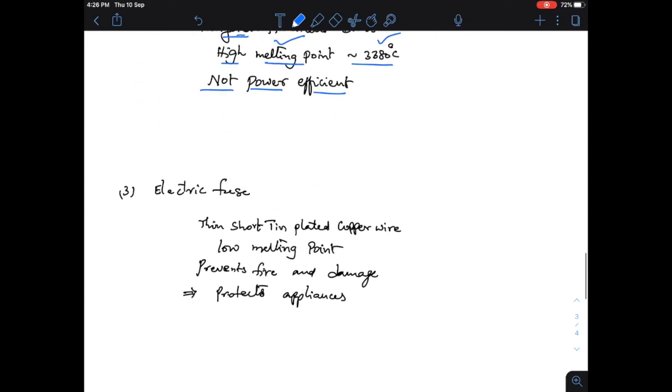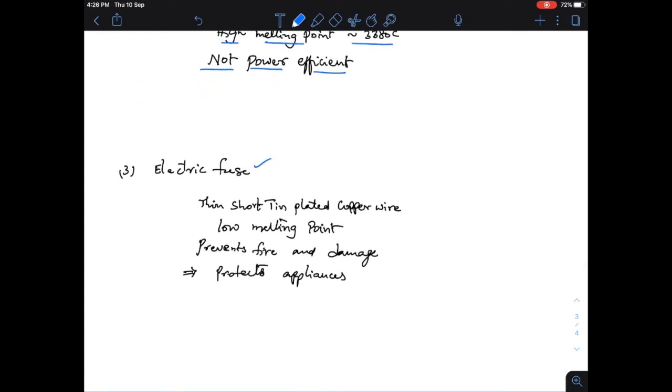Now the next application is electric fuse. It is like this. This is a fuse. Now what is this fuse? It is a thin, short, tin plated copper wire which has low melting point and of course high resistance.